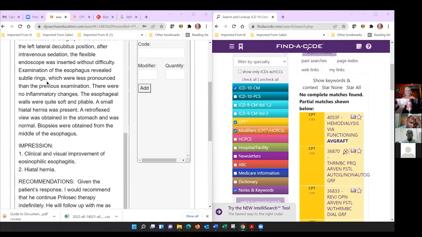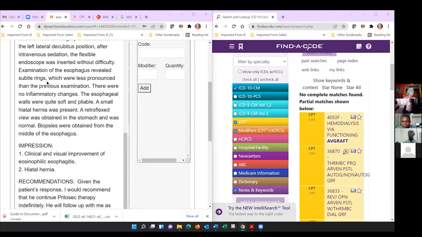We'll see that when we get to the impression. What that sentence is really telling us is that the patient's esophagitis has improved because it's less subtle now, but he still has it. It's still ongoing. He didn't say it's clear. He just says it's less pronounced. Did you write down your hernia? Yeah. It's the only thing noteworthy so far.